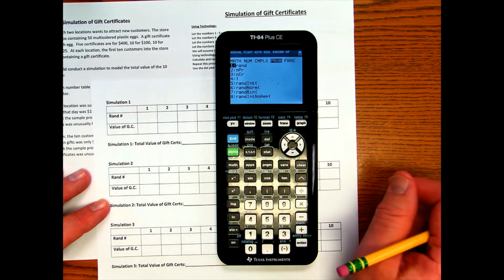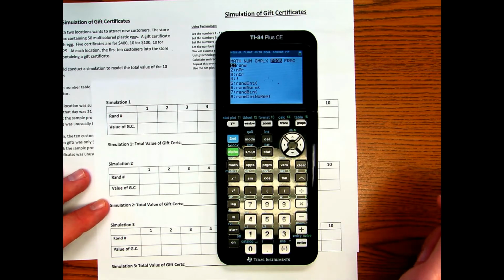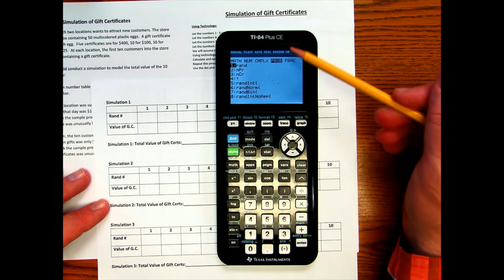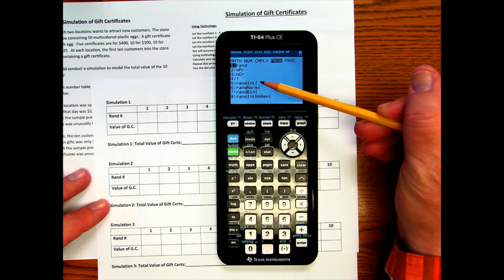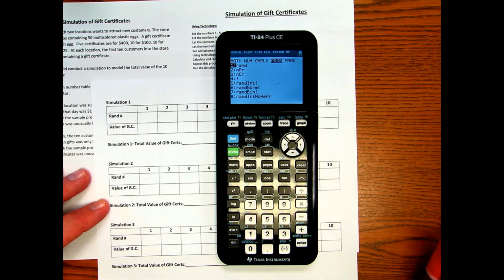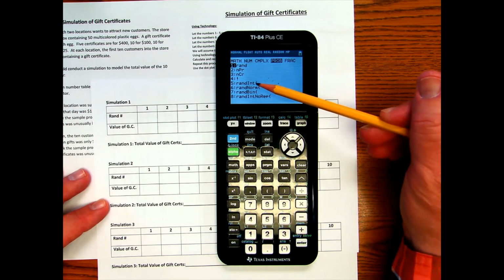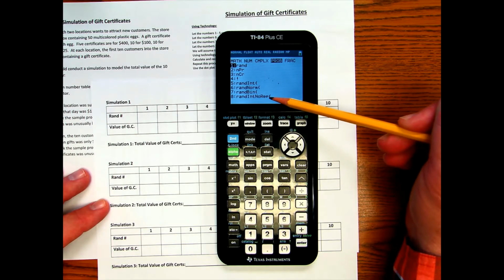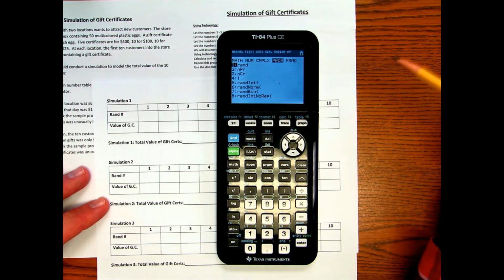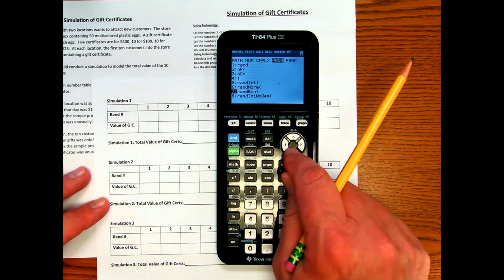Oops, too far. As far as generating random integers, the newer calculators have two options, random int and random int no repeat. Older calculators tend not to have random int no repeat, but everybody should have this, so this is the method I'm going to be focusing on here. So I'm going to choose that.